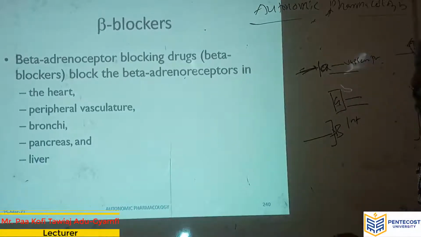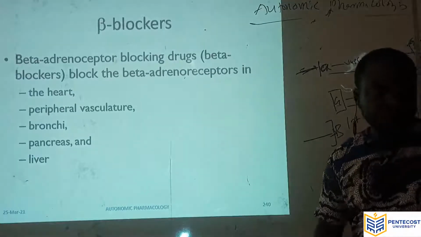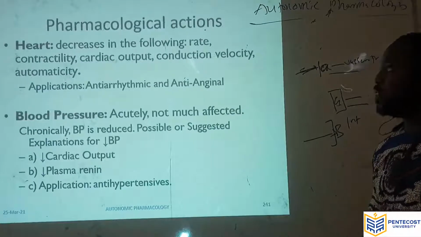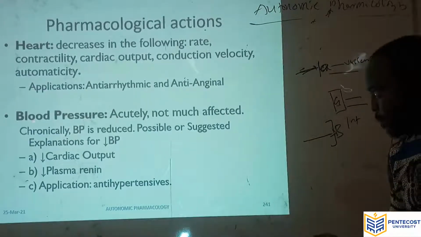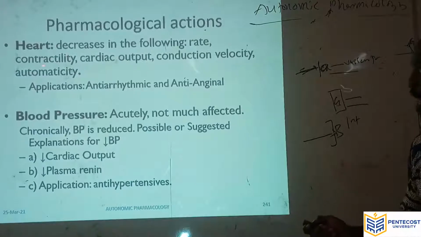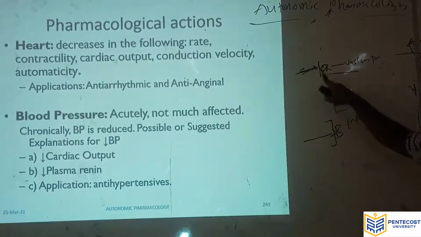So what can we use beta 1 blockers to do? We can use them to decrease heart rate. We can also use them to manage blood pressure. And you know why? Because activating the beta receptors increases your heart rate.